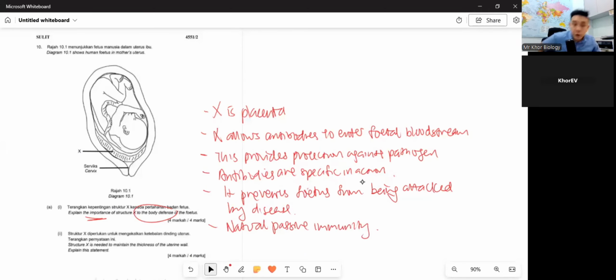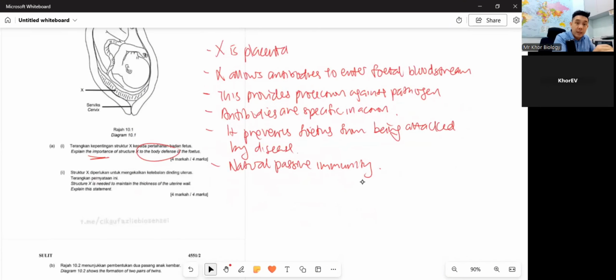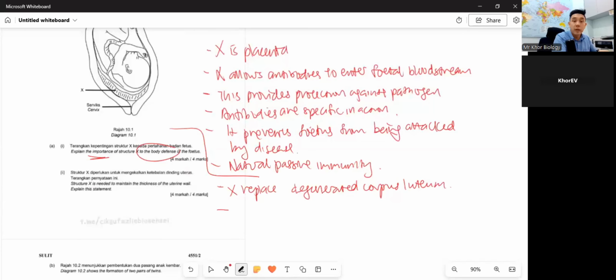Next, X is needed to maintain the thickness of the uterine wall, definitely, because X replaces the degenerated corpus luteum. If you remember, for the first 3 months, the secretion of progesterone and estrogen is carried out by the corpus luteum. So the placenta replaces it and produces progesterone and estrogen.